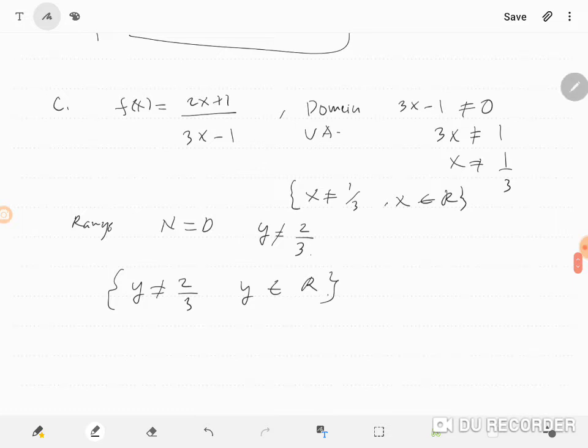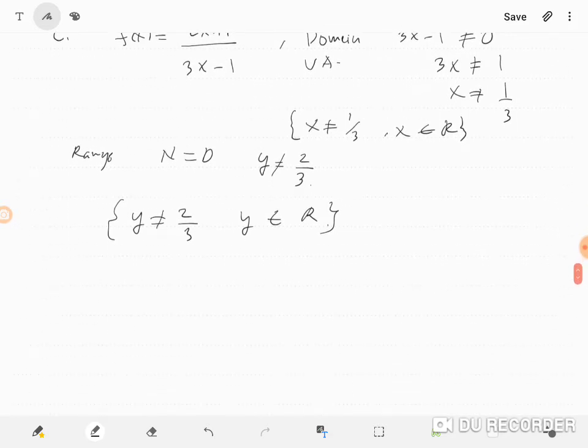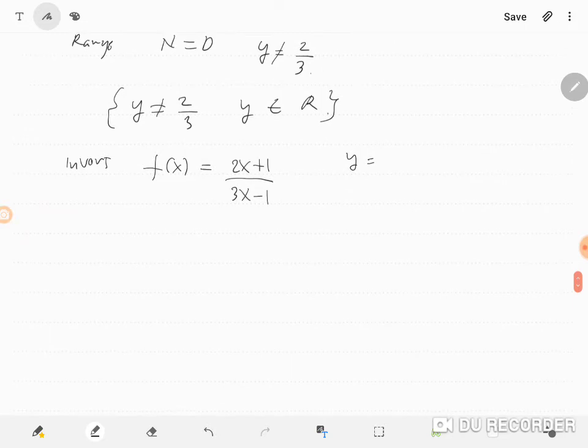And how about the inverse? So the inverse of f(x) equals 2x plus 1 over 3x minus 1. To find the inverse, you make x the subject. So y equals 2x plus 1 over 3x minus 1.